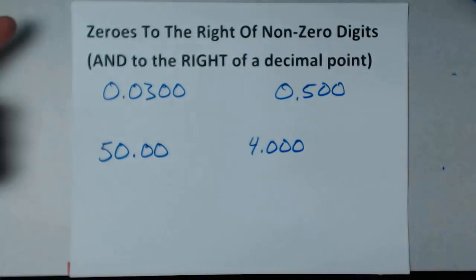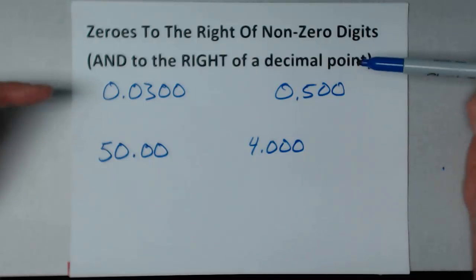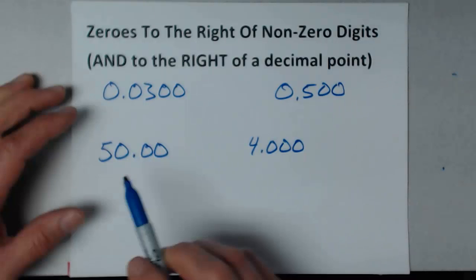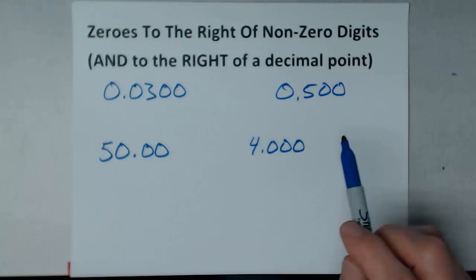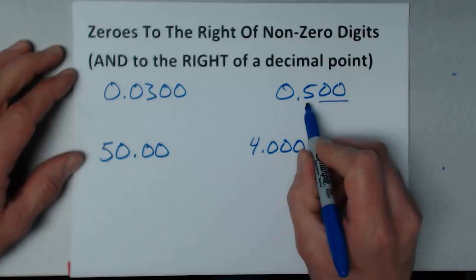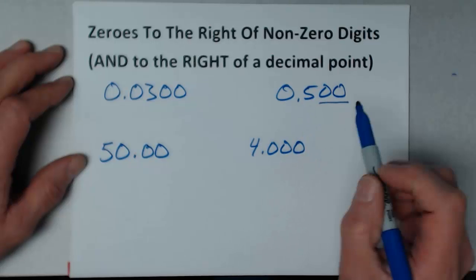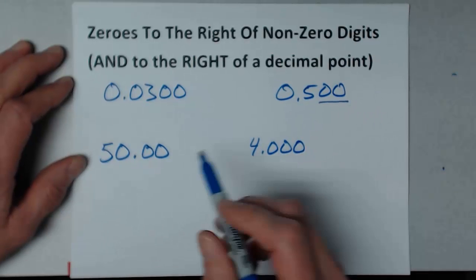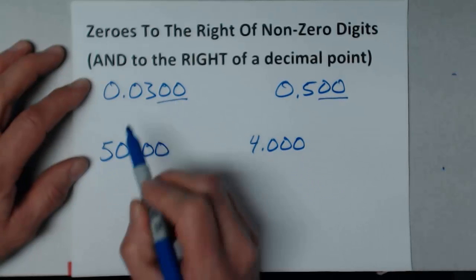In this case, all of these zeros are to the right of non-zero digits, and they're to the right of the decimal point. This is actually a little bit of a special case. But in this case, the zeros to the right of the non-zero digit and to the right of the decimal point are significant. These zeros are significant, as is the 3.